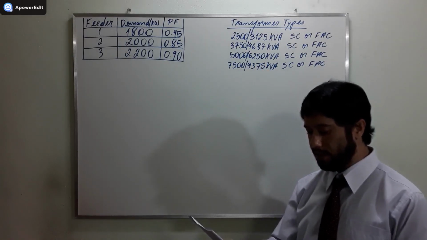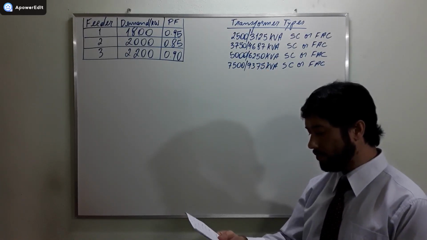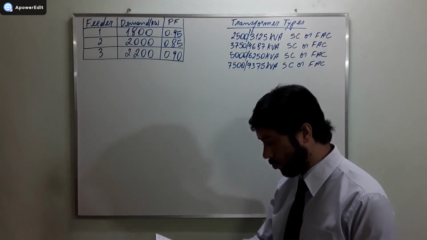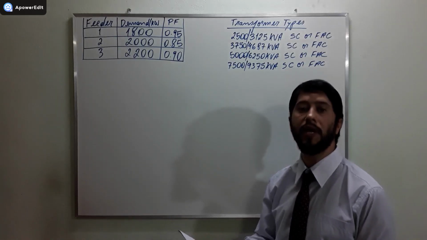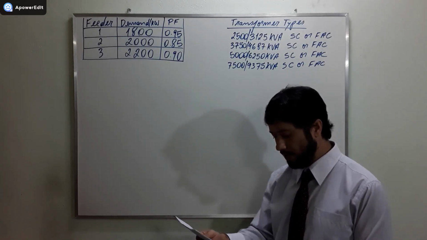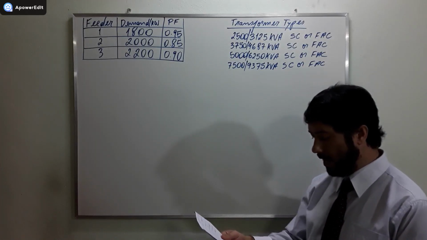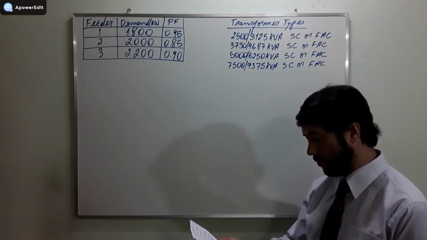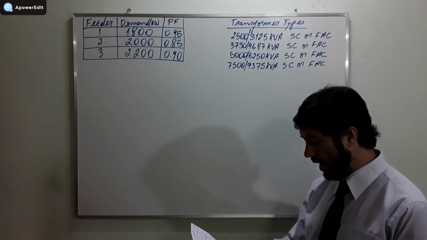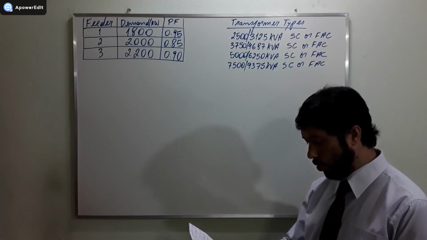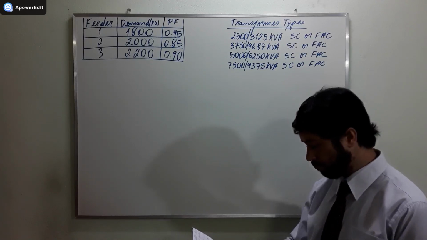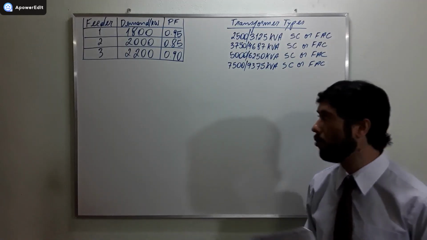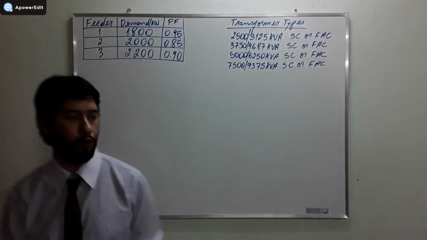And lastly, letter D, now assume that the substation load will increase at a constant percentage rate per year and will double in 10 years. If the 7,500/9,375 kVA rated transformer is installed, in how many years will it be loaded to its fan-on rating? Okay, this is what the exercise wants us to calculate, and this is what we are going to do.